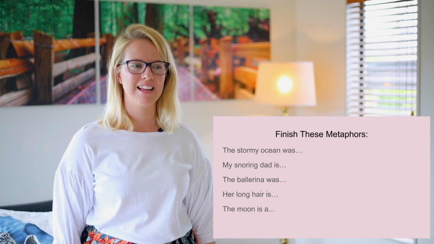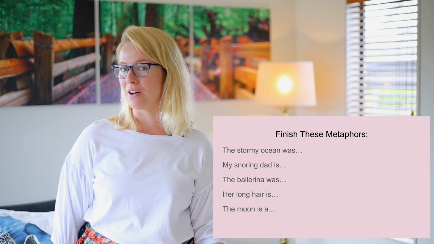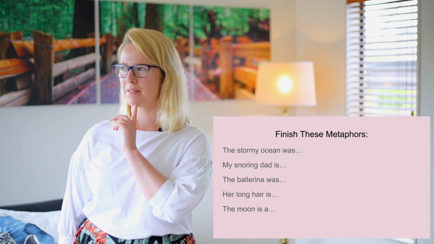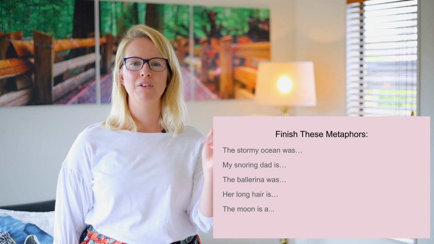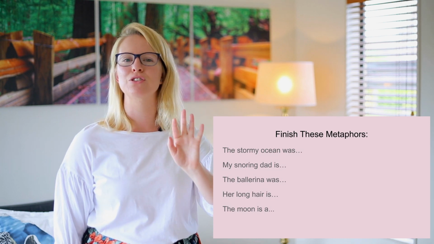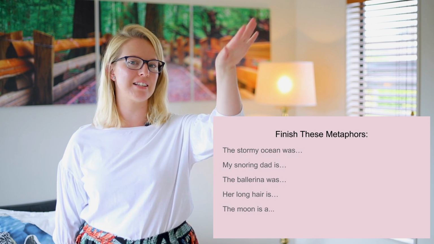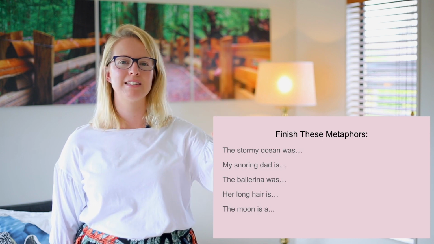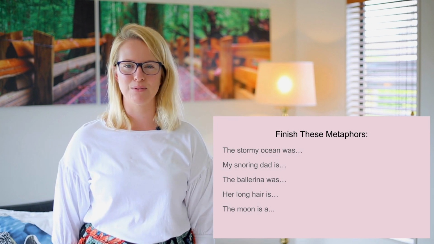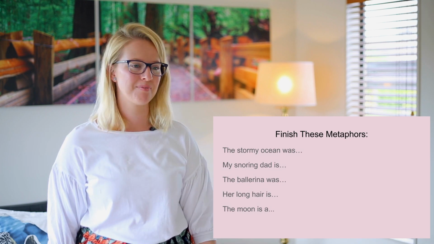I'll have a think. The ballerina was, what could that be? The ballerina was a falling snowflake. When I'm picturing a falling snowflake, I'm picturing something graceful, something elegant, and that's what the ballerina looks like.